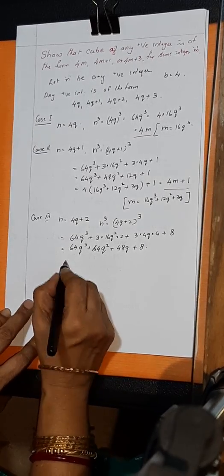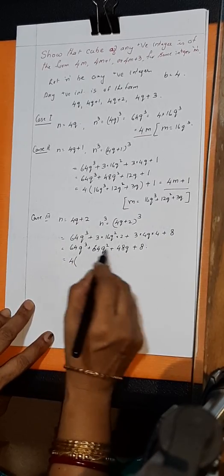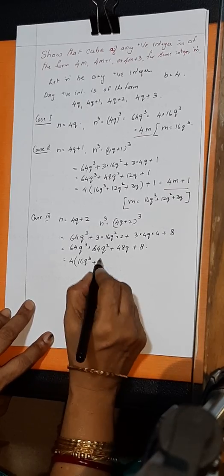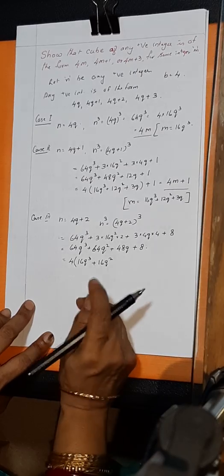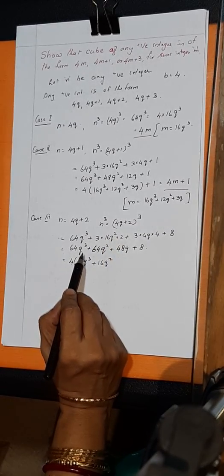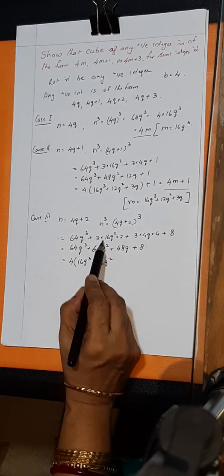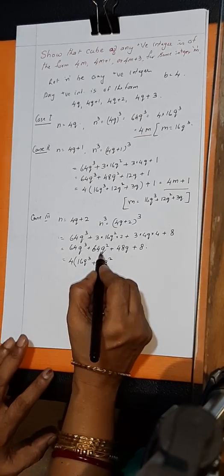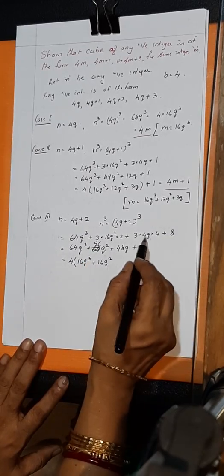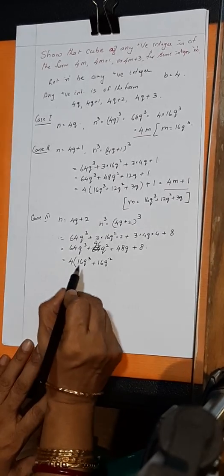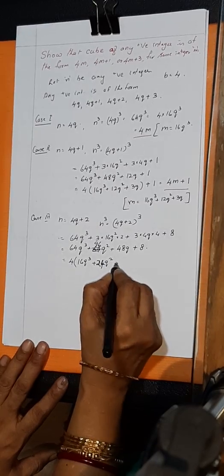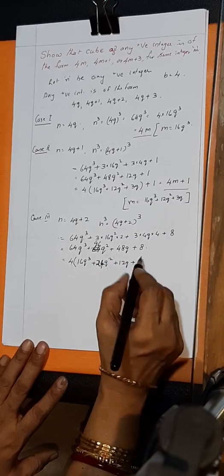I will take 4 out, so 4 into 16q cube plus 24q squared plus 12q plus 2.